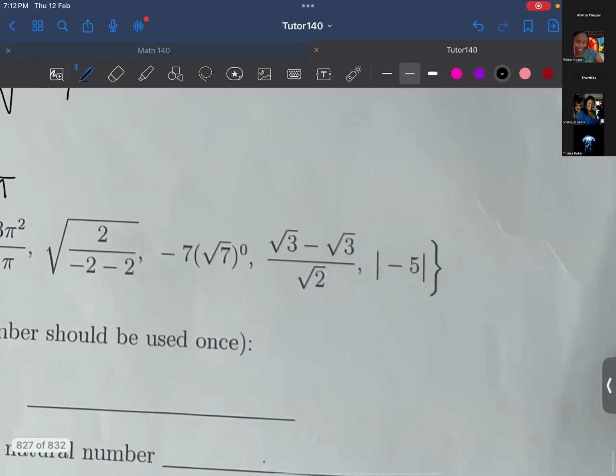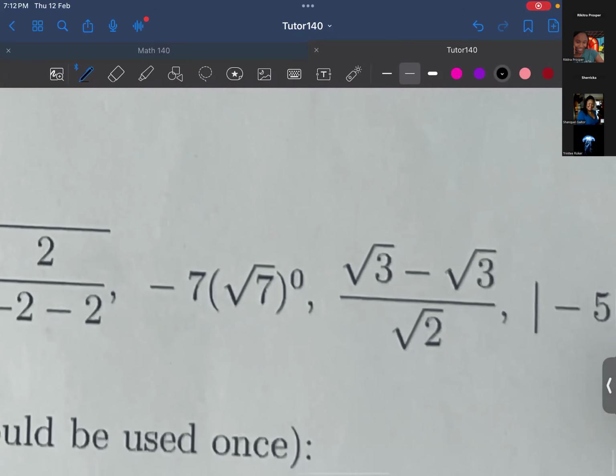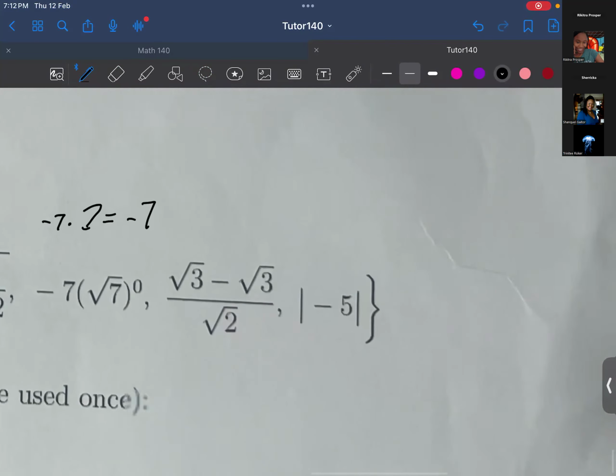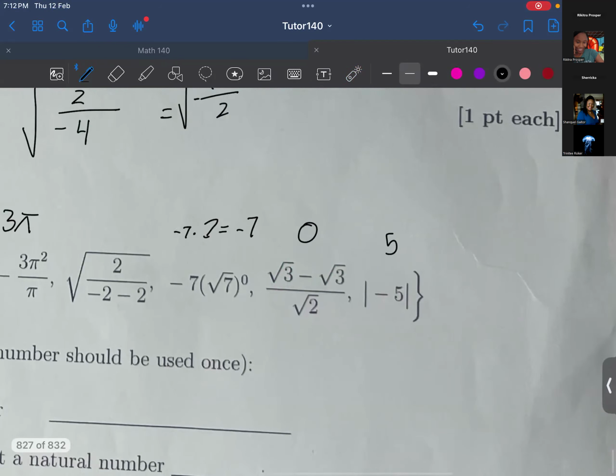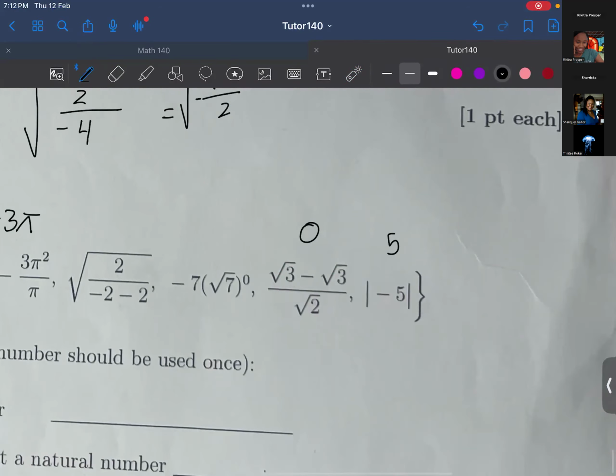Then this, anything to the power of 0 is 1. So this would just be negative 7 times 1. This is just negative 7. This is just 0 because the square root of 3 minus the square root of 3 is 0. That'd be 0 over root 2, which is just 0. The absolute value of negative 5 is just 5. And so let me write these numbers better.